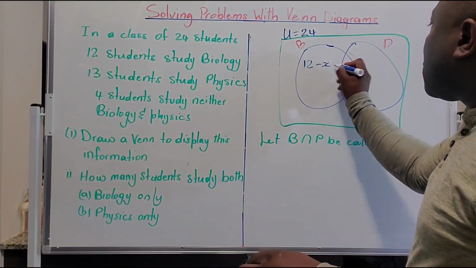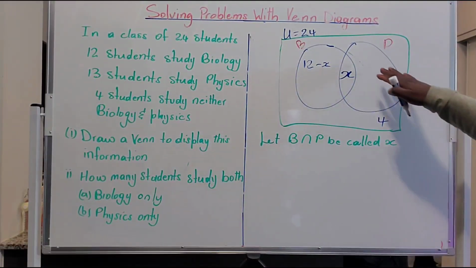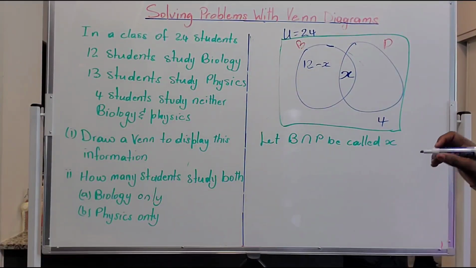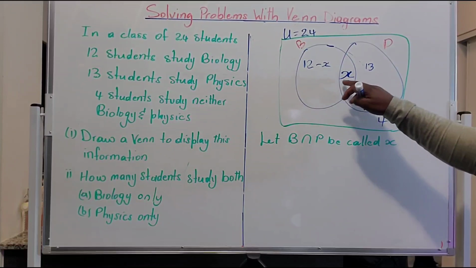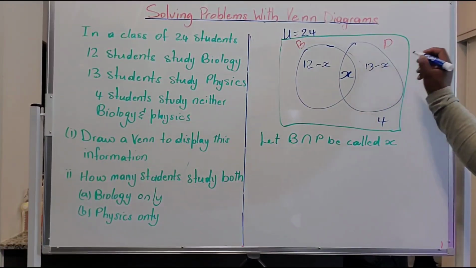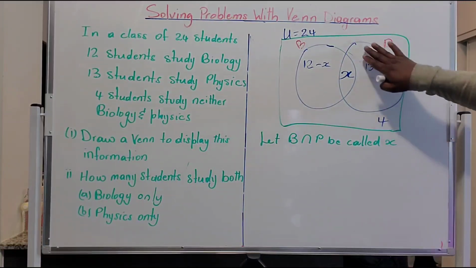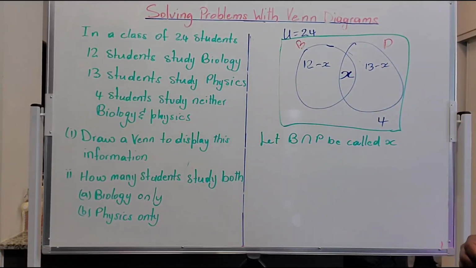So I'll subtract 12 take X. We'll go ahead and look at P as well. How many physics? There are 13 being accounted for by X value here. So I'll subtract this value, subtract X. So this is representing physics only, biology only.